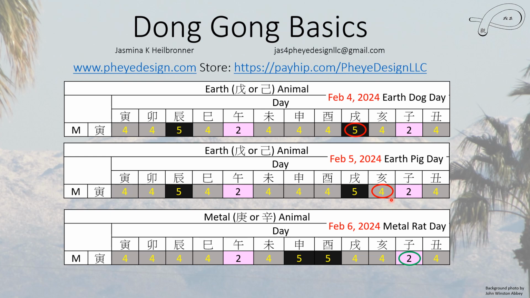And then the next day will be a metal rat because Earth produces metal. And so you do 2 days in a row and then you have to go to the next animal sign. And so this is positive. So February 6th is a better day to start something in the Chinese solar calendar than either the first or second day. So it's not too bad.